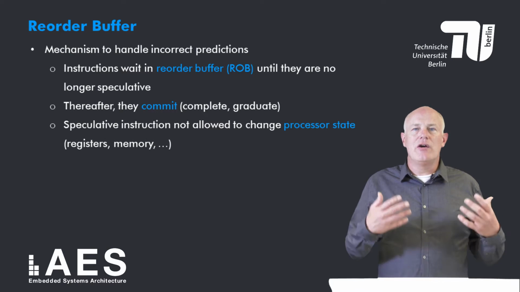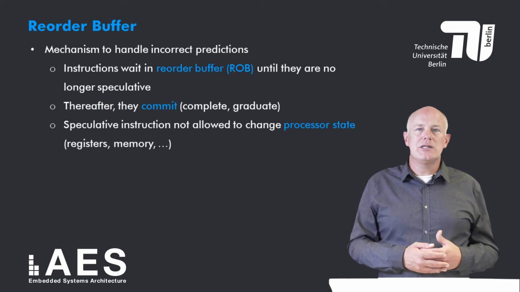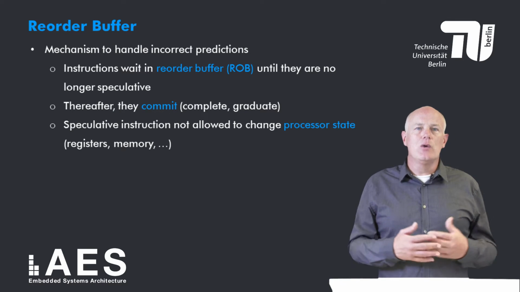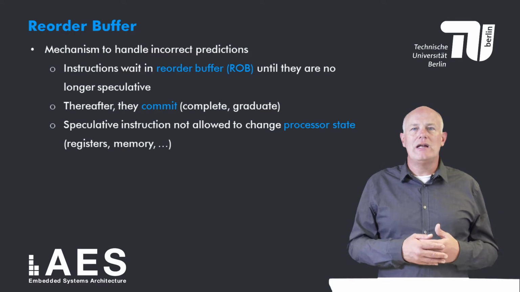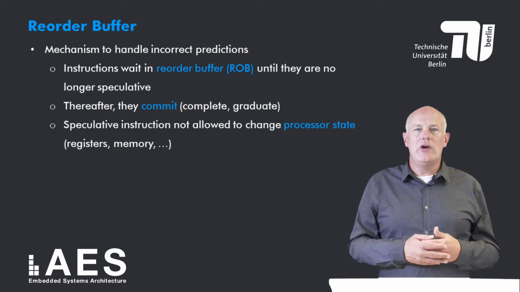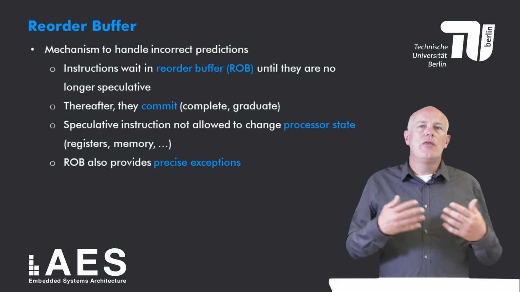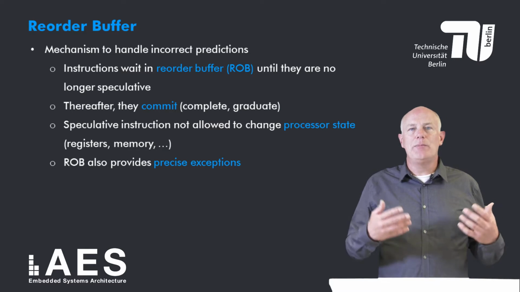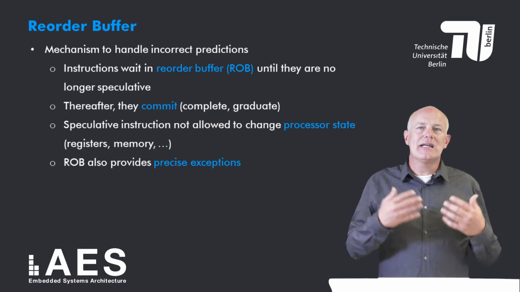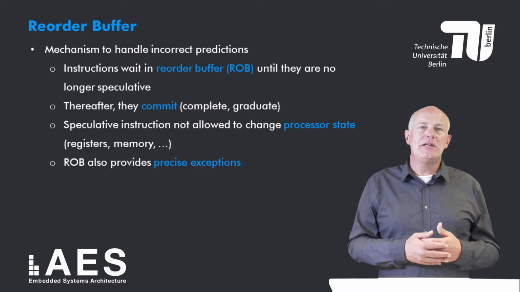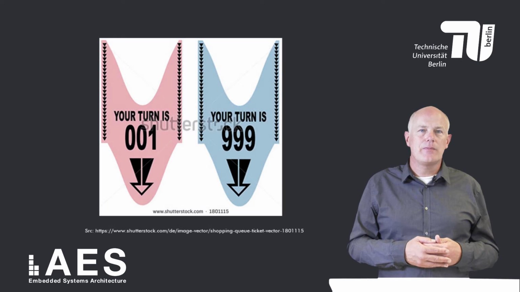Speculative instructions are not allowed to change the state of the processor. For example, a speculative instruction is not allowed to write a register or to write to memory, as long as it is speculative. As we will see later, the ROB is also used to provide precise exceptions by taking exceptions only when the excepting instruction commits.